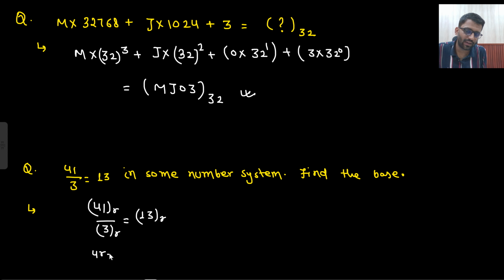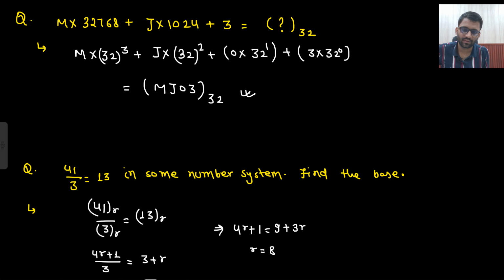So this would be 4r plus 1. This would be 3 into r to the power 0, so 3 plus r. So 4r plus 1 would be equal to 9 plus 3r. So r will be equal to 8. So this is the answer.